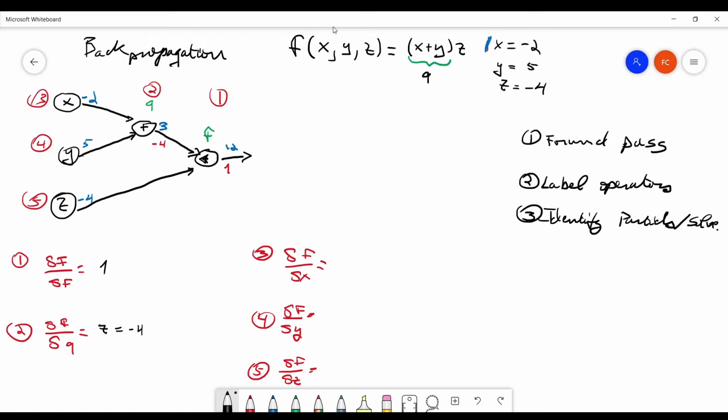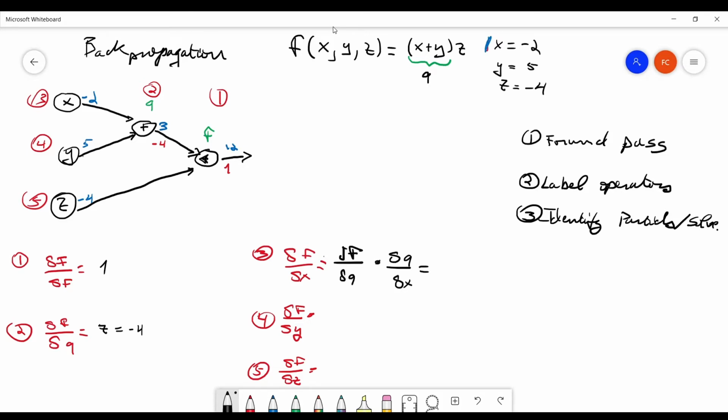Okay, now let's look at what happens in x. Partial f over partial x, using the chain rule, is equal to partial f partial q times partial q partial x. We've already solved what partial f partial q is.